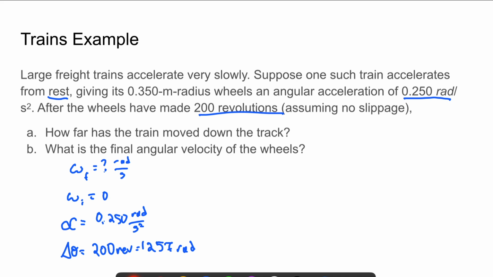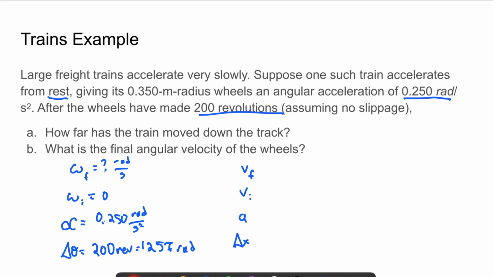But let's first think about, because we probably know this off the top of our heads, which of our translational kinematics, or our old big four equations, would relate for us final velocity, initial velocity, acceleration, and delta x.